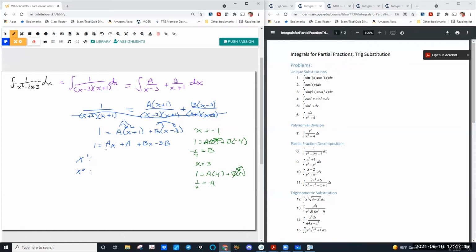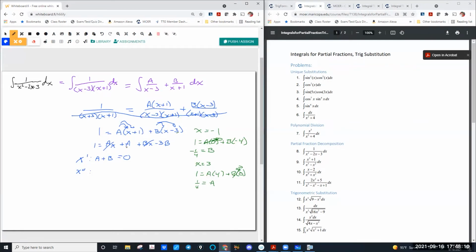So what I'm going to do is take every term with an x. So I've got A times x, so that's an A, plus B times x, so plus B. So that takes care of this term and this term. And notice over here, I have no x's. So A plus B equals 0.